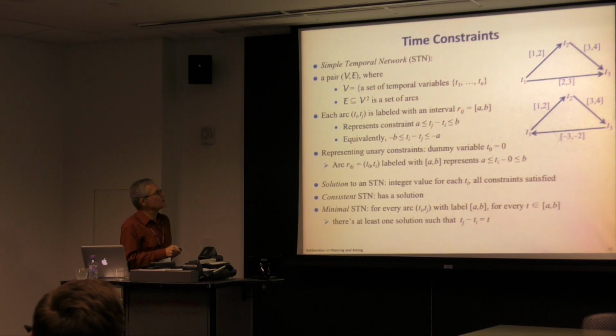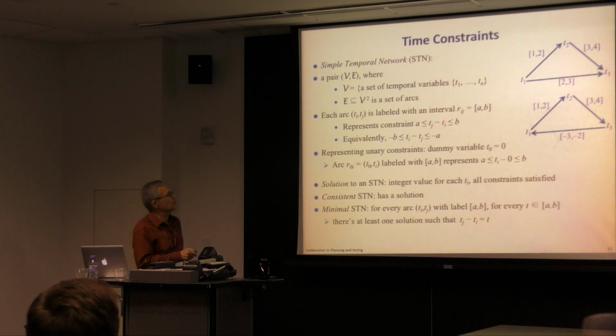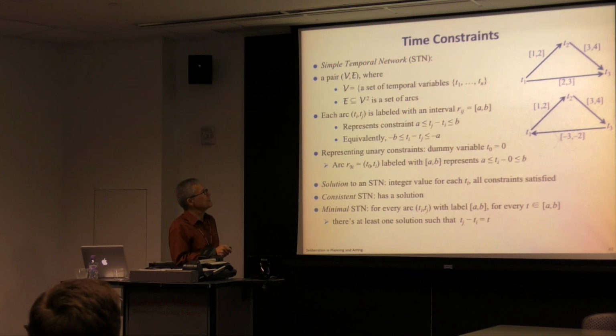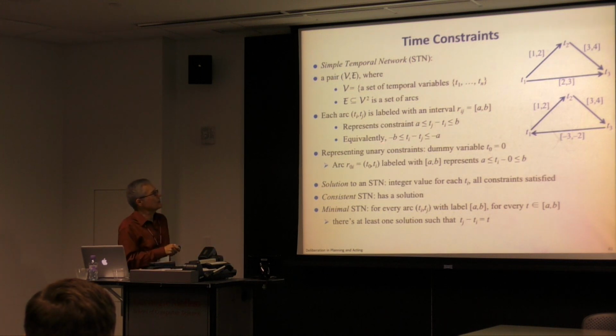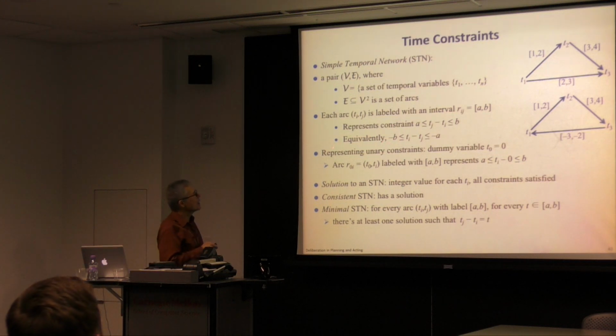And what it does is to represent the constraint saying that the difference between tj, the bigger one, and ti, the smaller one, has to be at least a and at most b. That's what that thing means. Okay? Or equivalently, you could negate things and reverse the direction of the inequality, but big deal.